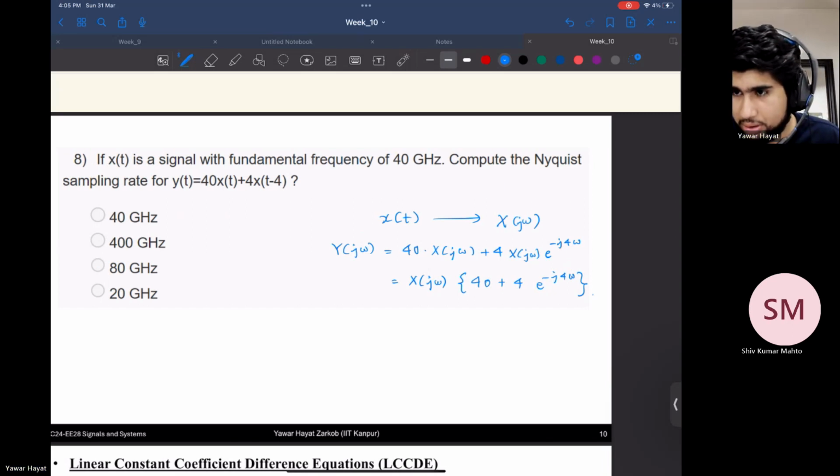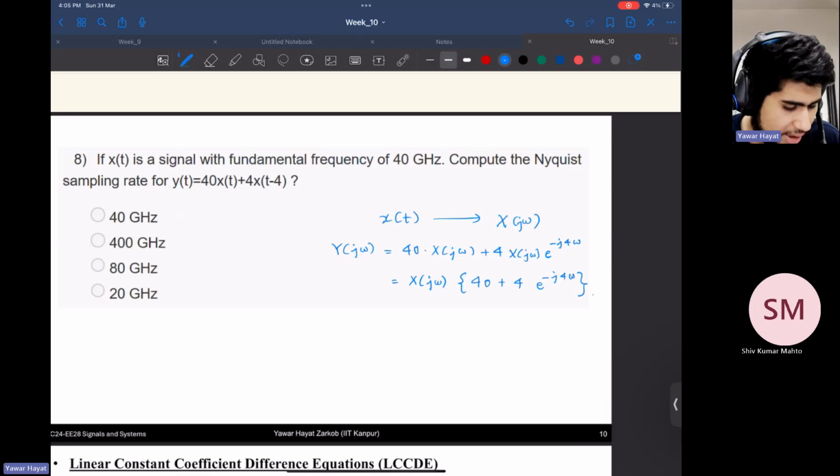It won't. What was the Nyquist sampling rate for x of t? The Nyquist sampling rate is double the fundamental frequency. Since the fundamental frequency of the original signal was 40 gigahertz, the Nyquist sampling rate would be 80 gigahertz. And that 80 gigahertz would be the Nyquist sampling rate of y of t as well.